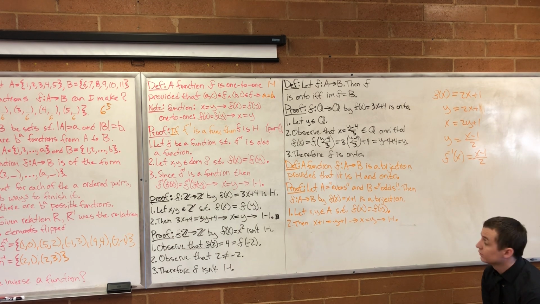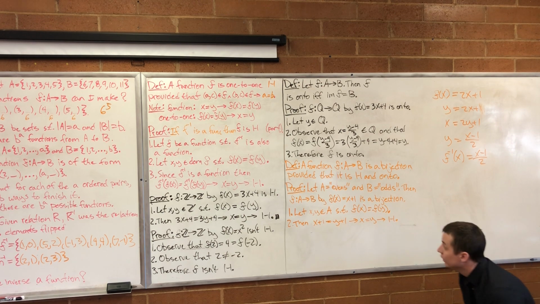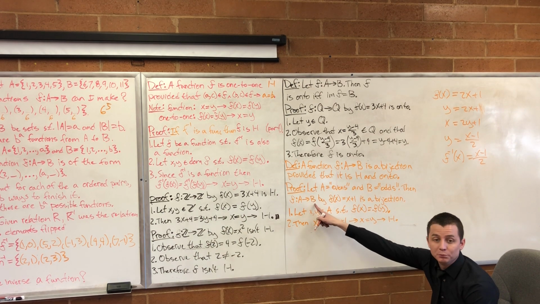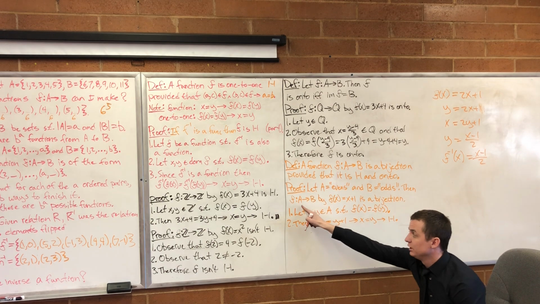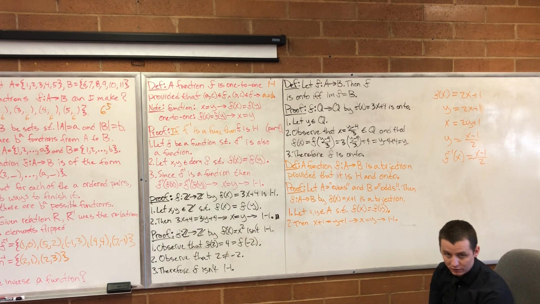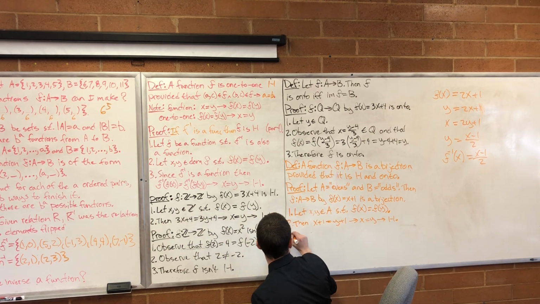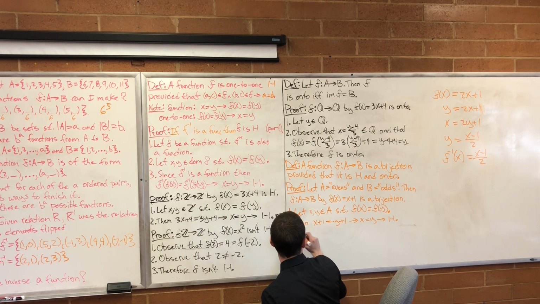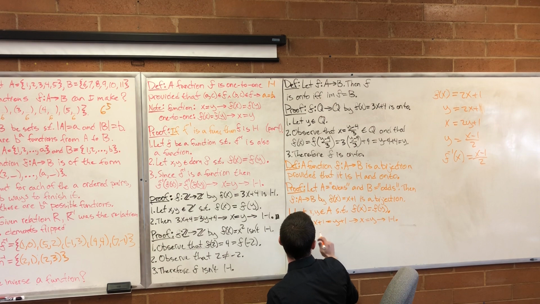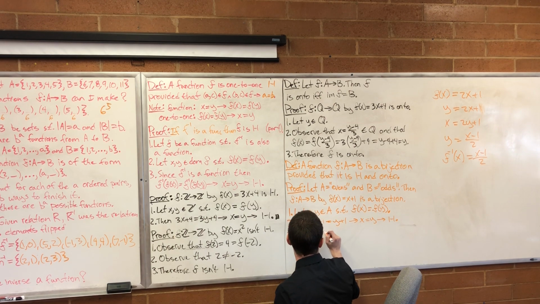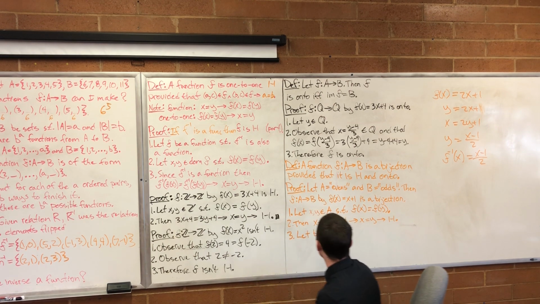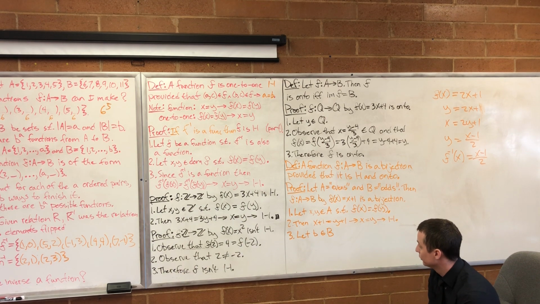Now we need to show that it's onto. We need to show that for any thing we pick out of B, we can find something in A such that f of a equals b. Right? Okay. So let little b be in B. Grab something arbitrary.